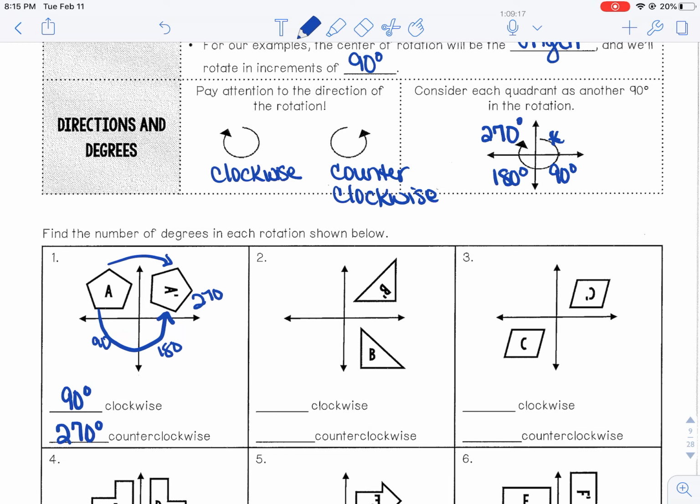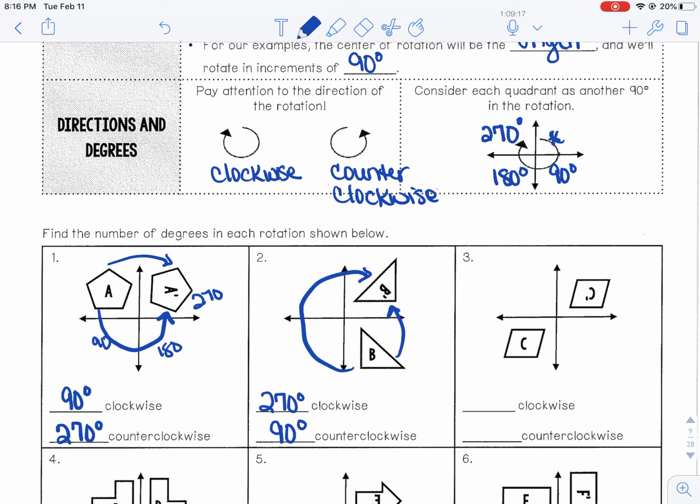Let's look at B. Okay, B clockwise, again clockwise goes this way. So it's going to be doing 3/4 turns. So 90 times 3 is 270 degrees. If I went counterclockwise instead, that would just be 1/4 turn, which is 90 degrees.